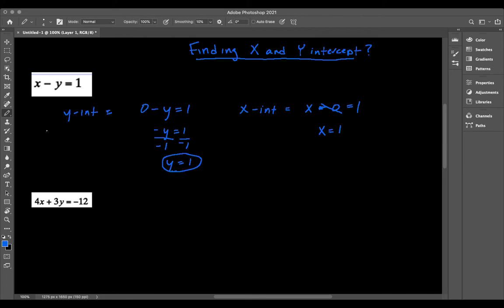Now, if you want the coordinate points, the y-intercept would be 0, 1, and the other coordinate point on the other side would be 1, 0 for the x-intercept. Okay, and that's how you do it. Just plug a 0 into the equation and solve for the other one.